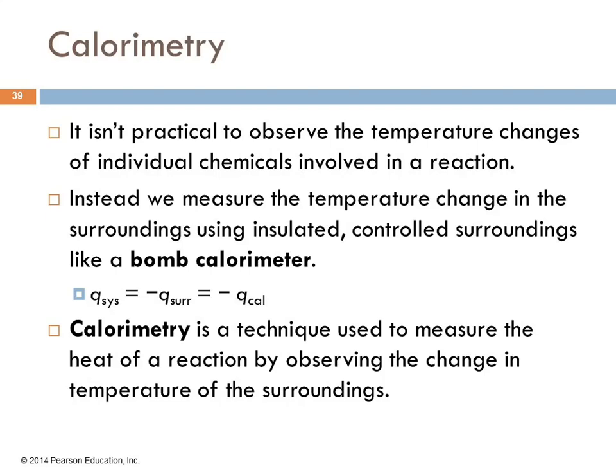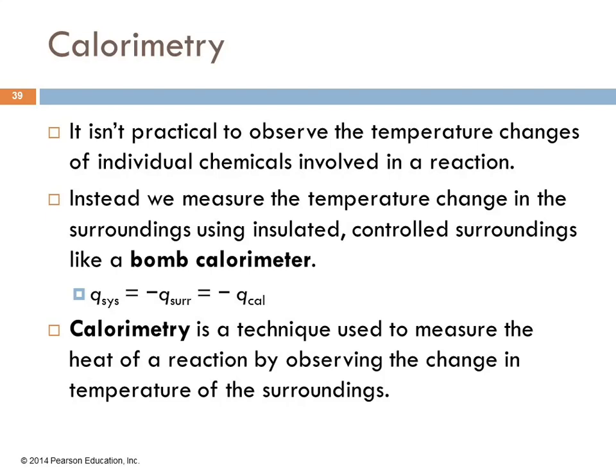And so the system, which is inside the calorimeter, the heat of the system is equal to negative the heat of the surroundings. The heat of the surroundings is negative the heat of the calorimeter. So we've got the calorimeter and we've got what's inside of it.